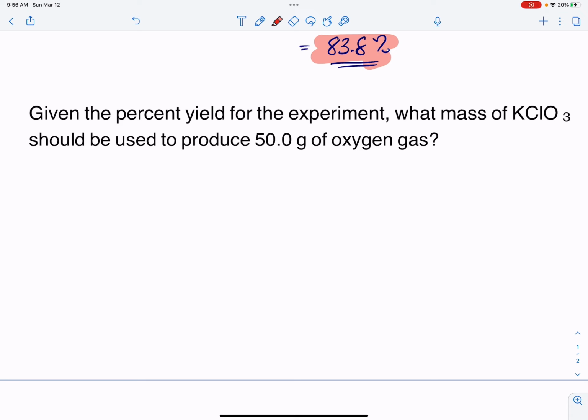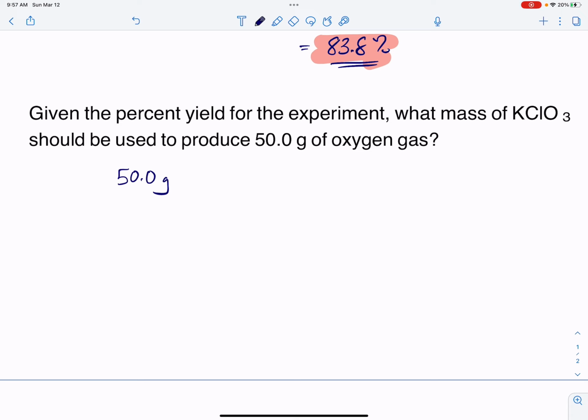If you need to make 50.0 grams of oxygen, that's what you have to make. This is like our actual yield, right, that we need to get. The question becomes, what should we aim to make? If I aim to make 50 grams, I'm not going to actually make that. I'm only going to make 83.8% of that. So what should I aim to make?